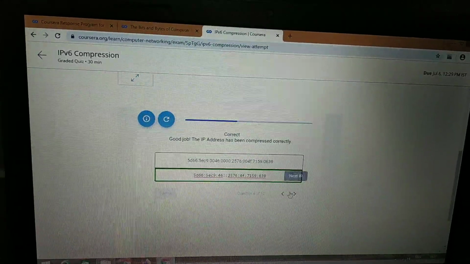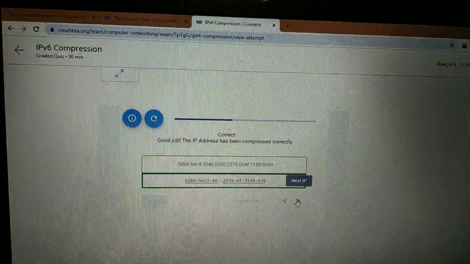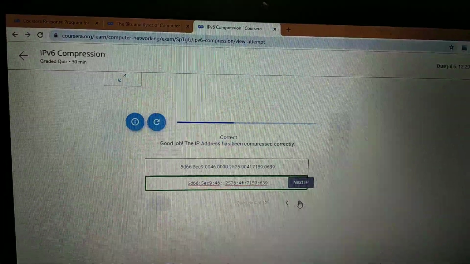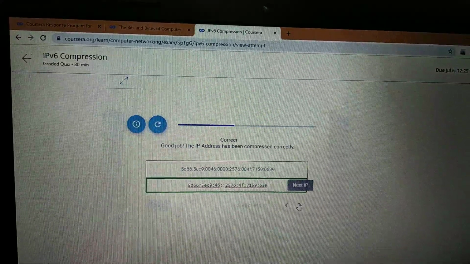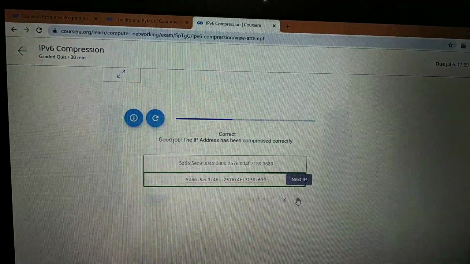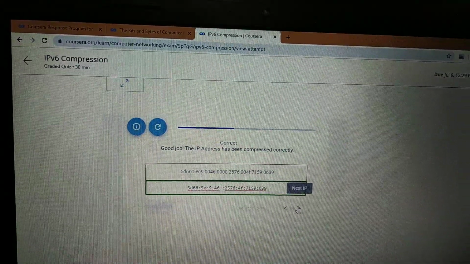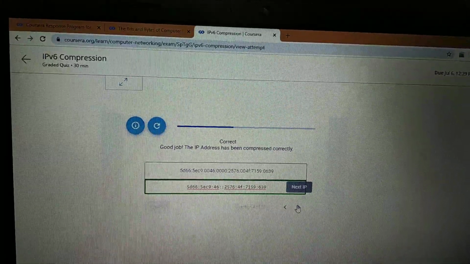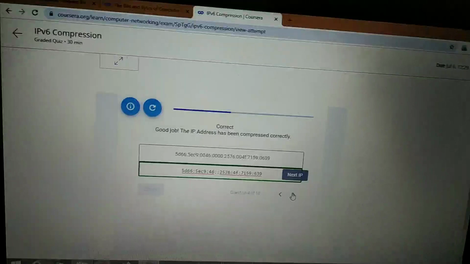In the similar fashion, we can complete the remaining addresses. If we find 4 zeros in the given address, you just put colon, and in the same fashion we can complete the remaining.